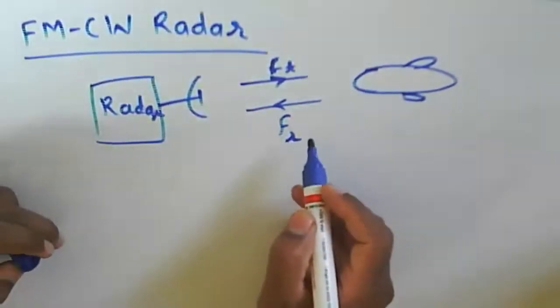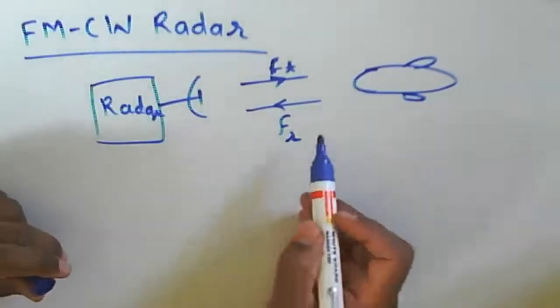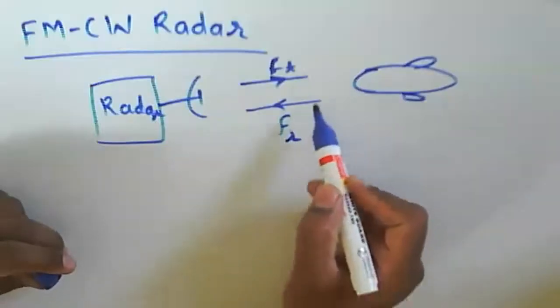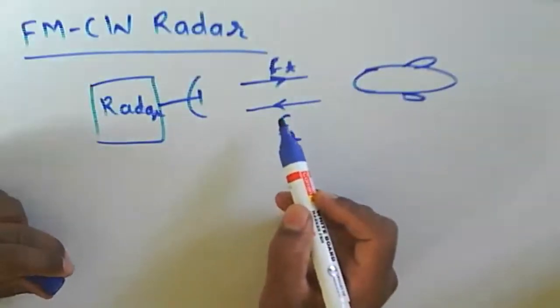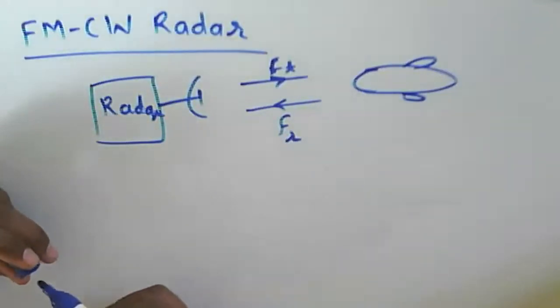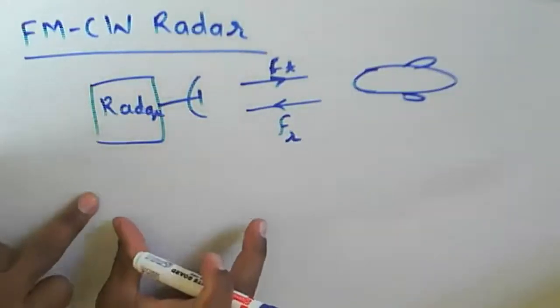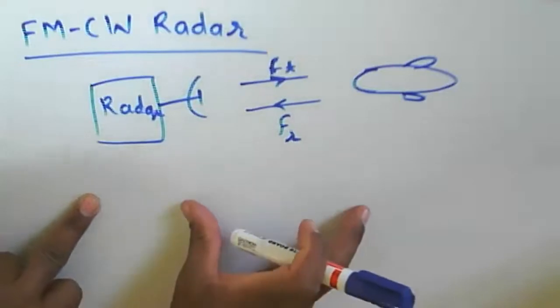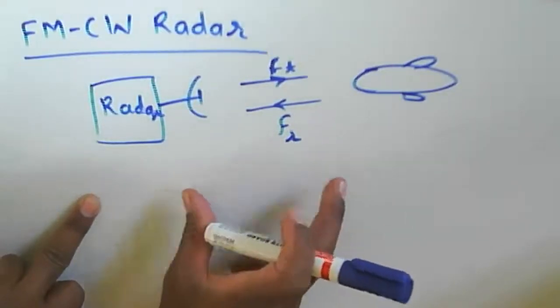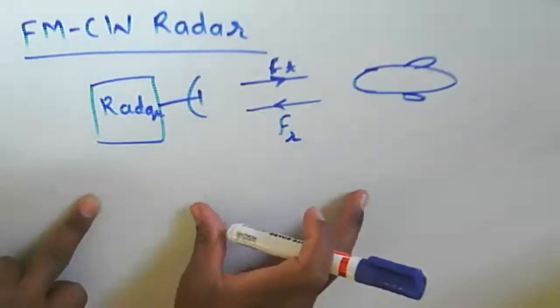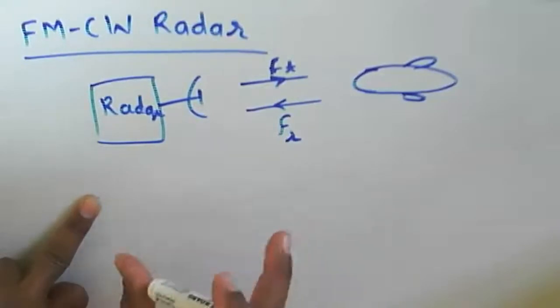There will be a small difference in frequency between the transmitting and receiving frequency, because we use a frequency modulated carrier. So that's why there may be a small deviation between the transmitting and the receiving echo signal.